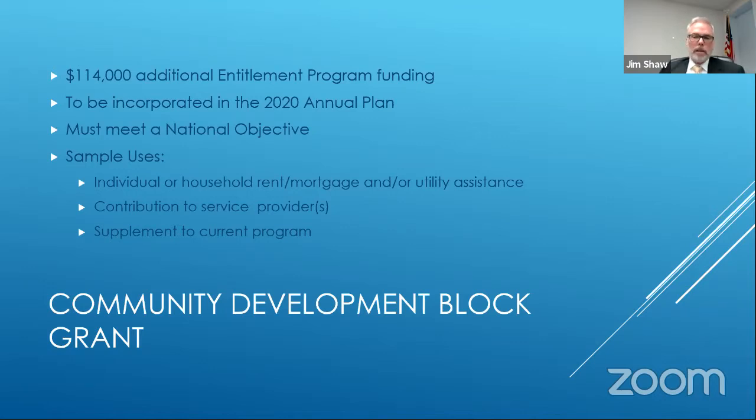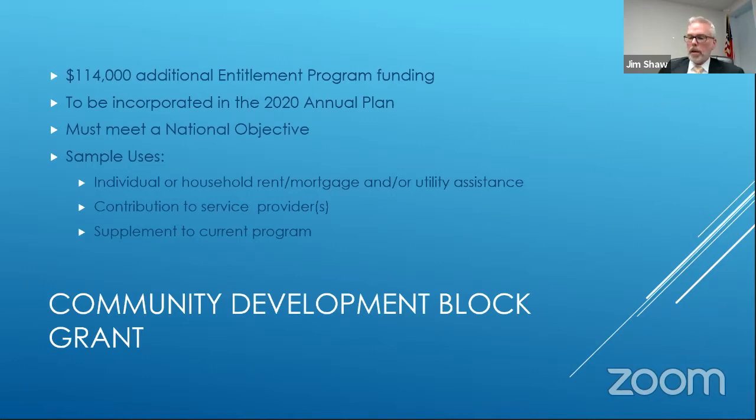And then finally, the money can be used to supplement your current program. There are things that we would normally do that are infrastructure projects and economic development, business relief, things like that, that you're used to seeing in your annual CDBG plans, that we simply could use the money to supplement.